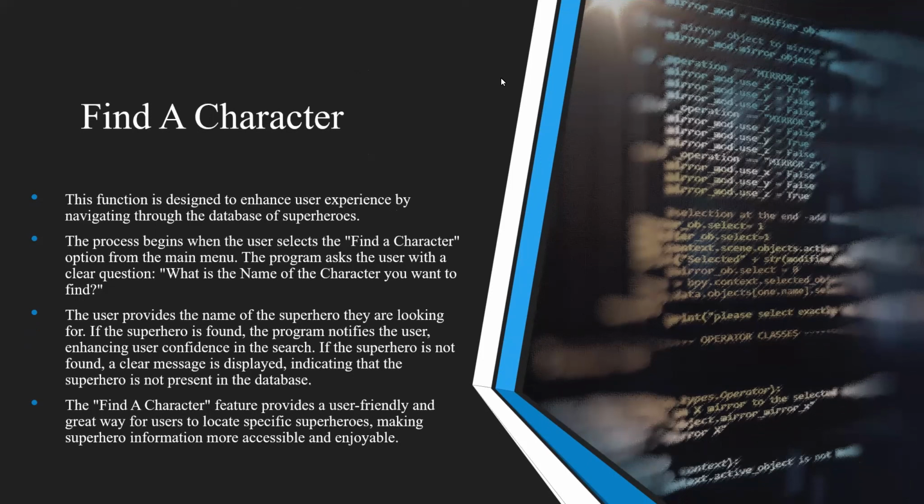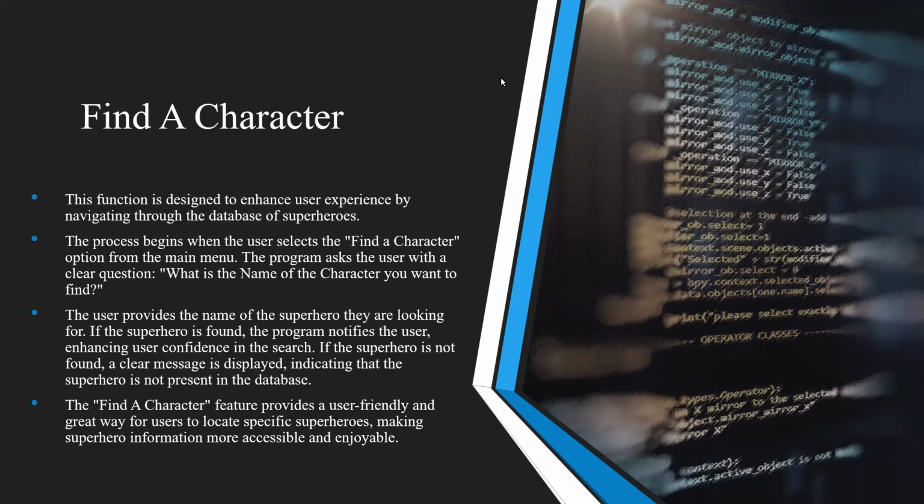All right, so find a character. This function is designed to enhance user experience by navigating through the database of superheroes. The process begins when the user selects the find a character option from the main menu. The program asks the user a clear question: what is the name of the character you want to find? The user provides the name of the superhero they are looking for.